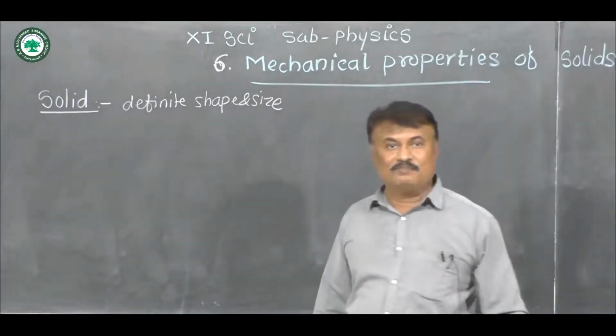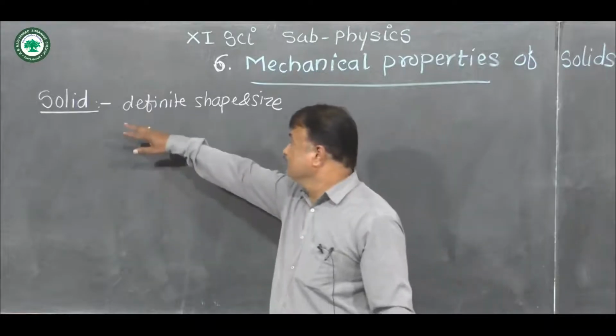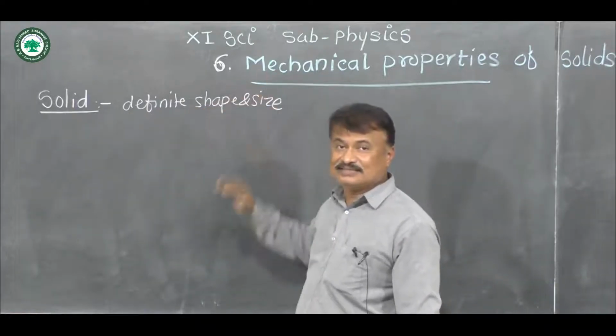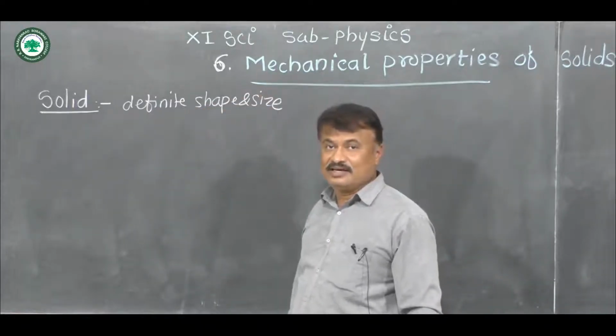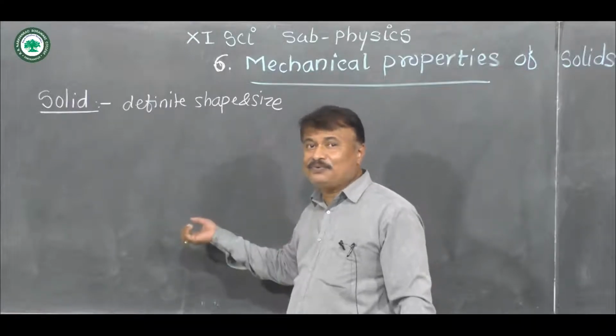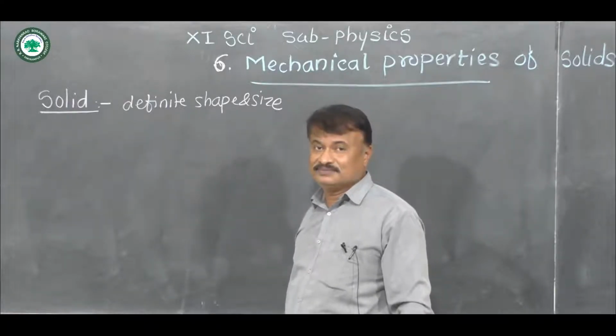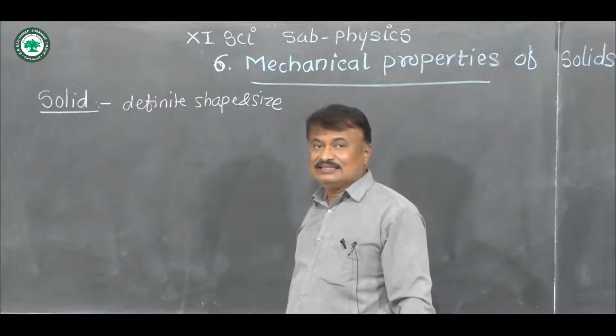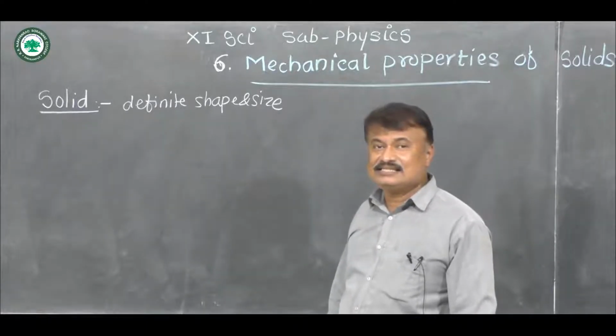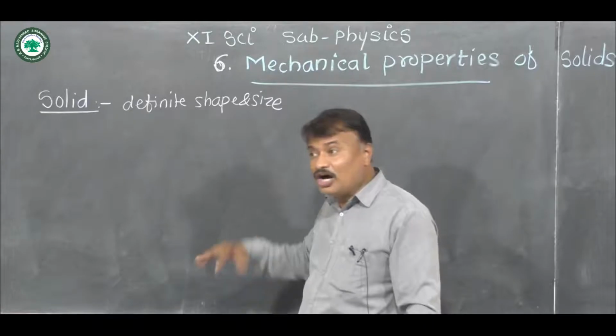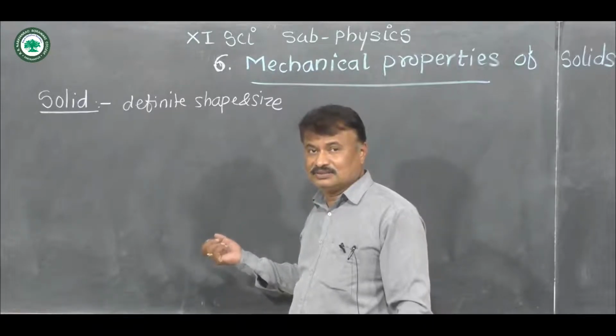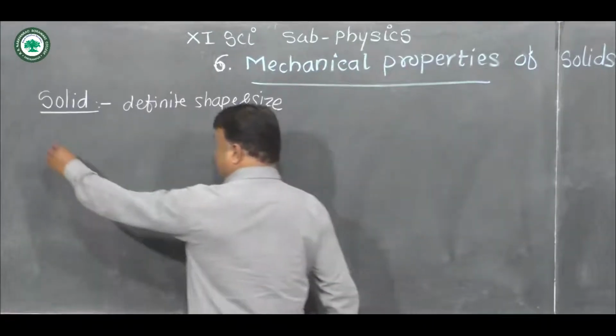One important property of solids is that they have definite shape and size. If we apply some external force on the solid, then there is a change in its shape or size or both. That is called deformation.